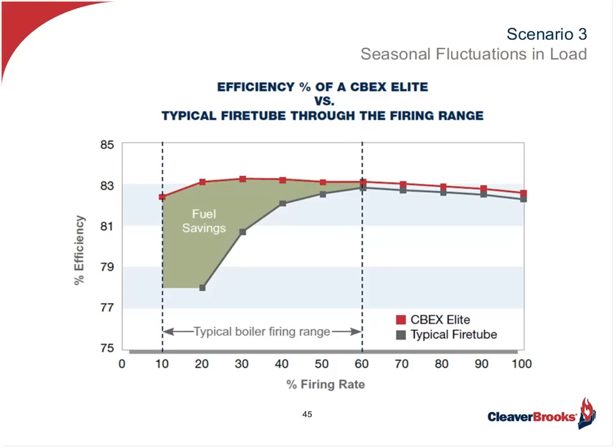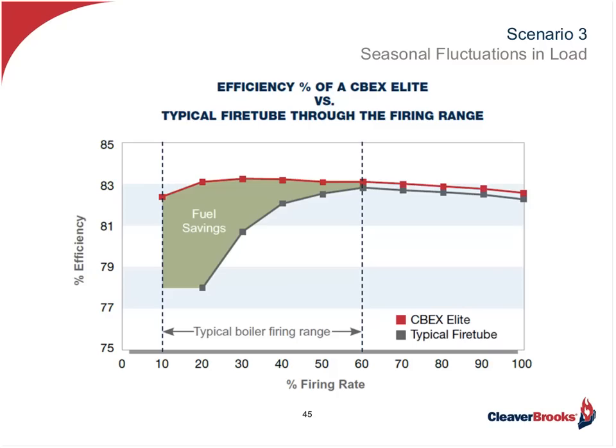The fact that it's operating at the low fire area, higher excess air, and then of course cycling on and off. Now at this point you might say, well Steve, didn't you say there are offerings out there which address turn down and maintaining 3% O2 across the firing range? Yes, I have. And if you've got a boiler like that, and that turn down is going to meet that load in the summertime, God bless you. That's great.